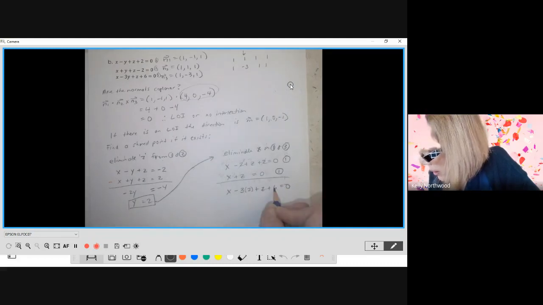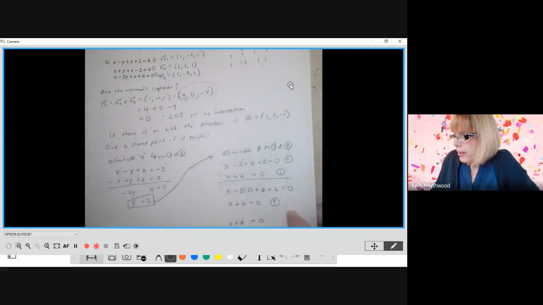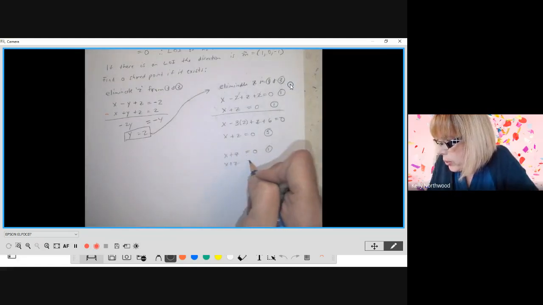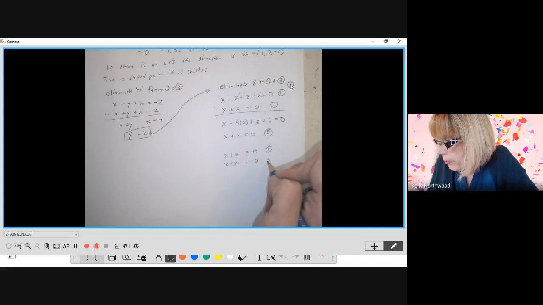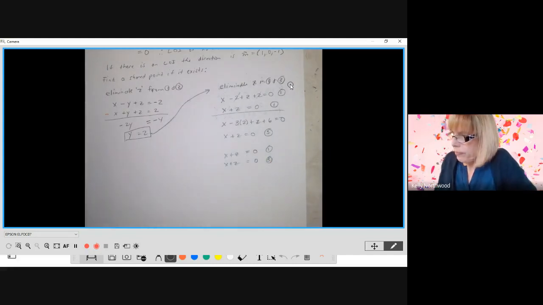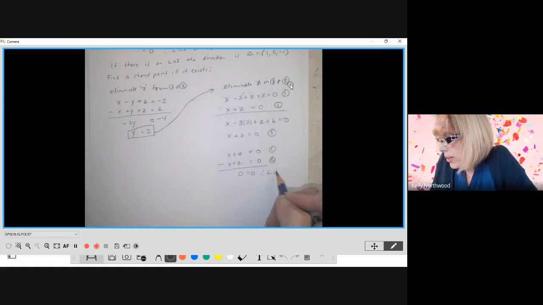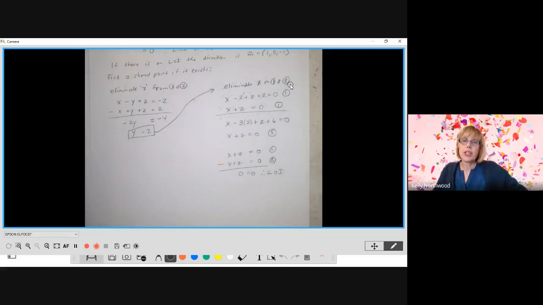And that minus 6 and plus x is going to add up to 0. So we end up with equation 1 and equation 3 being the same now, so that when we subtract them, we do get the 0 equals 0. And that's what tells us there's definitely a line of intersection.